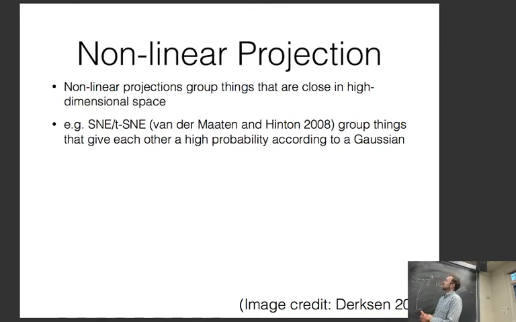So t-SNE is a type of nonlinear projection that basically attempts to group things together, that makes the word embeddings that are close together in the space have a high probability according to a Gaussian, or it makes things that are close together in low dimensional space have a probability in high dimensional space. Sorry, I apologize. I read this paper like one year ago, and I forgot which direction it goes. But that's the basic idea.